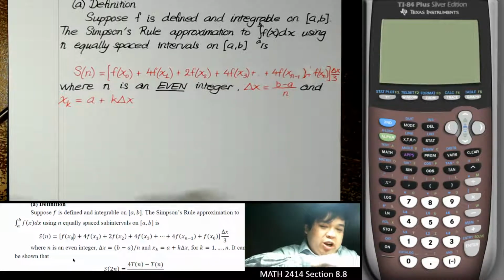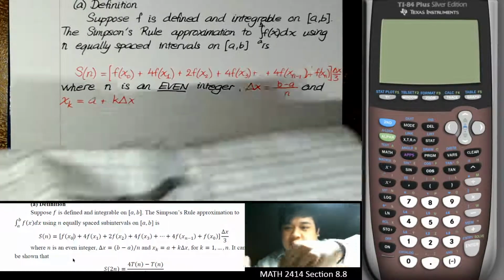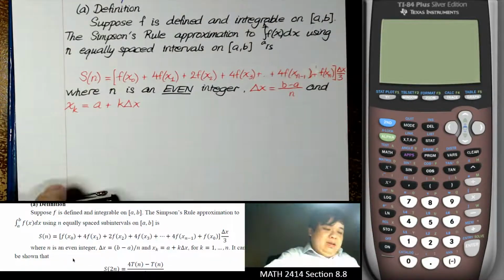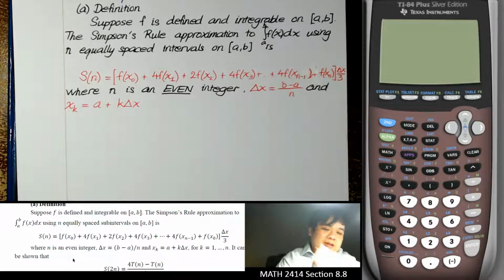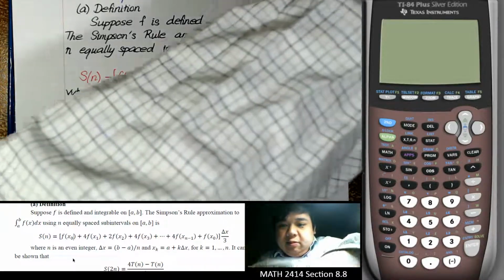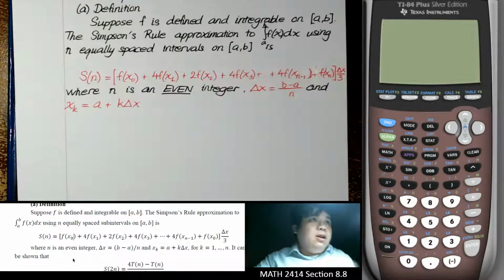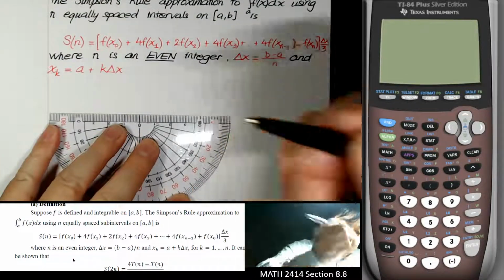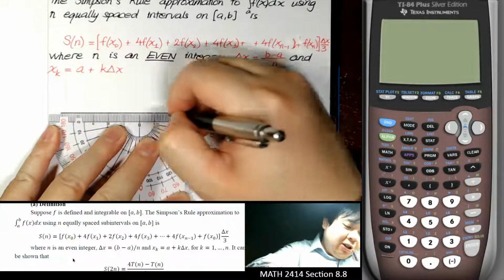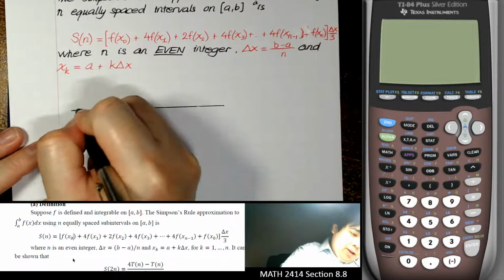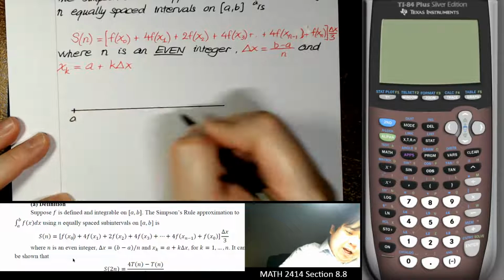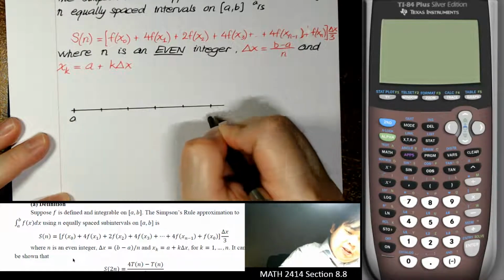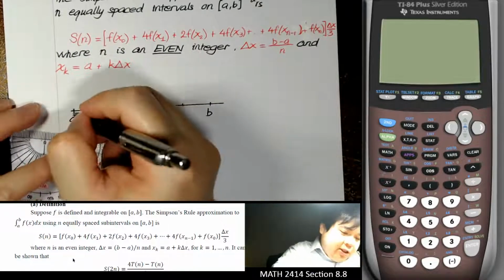Sorry, I need to change the ink to the red one. So here we have an interval, and we do this a lot, let's say from A to B, for example.